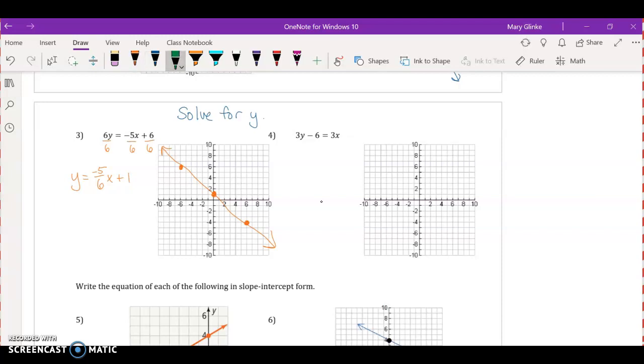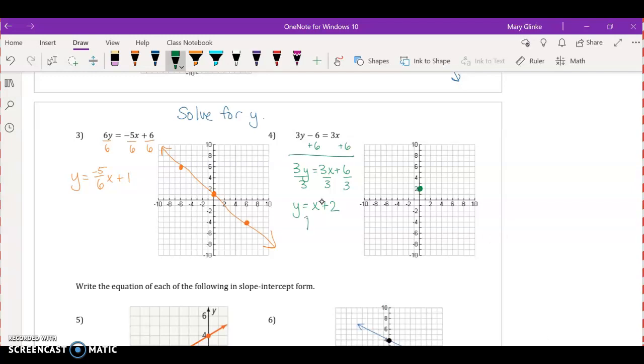So for my next one, in order to get y by itself, I first have to move the 6 to the other side. So I get 3y equals 3x plus 6. Then I'm going to divide everything by 3 and get y equals x plus 2. So I'm going to go up to 0, comma 2 on my y-intercept.